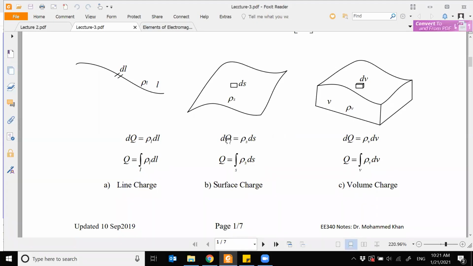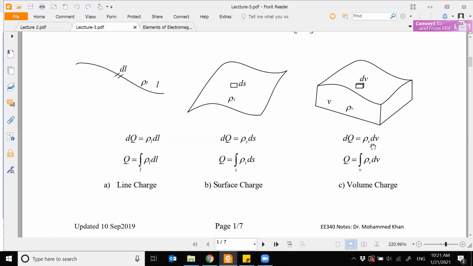Again, you can find an elemental charge dq by taking an elemental surface ds and multiplying it by rho s. If you integrate this dq over the complete surface, you will get the total charge. And similarly for the volume: you take a small elemental volume dV, multiply by rho v and integrate it over the whole volume. It will give you the total charge.